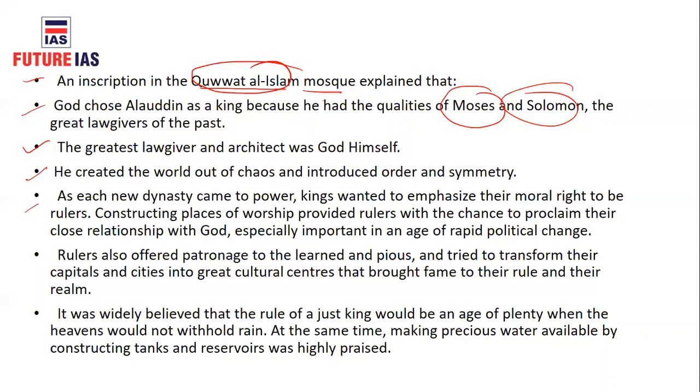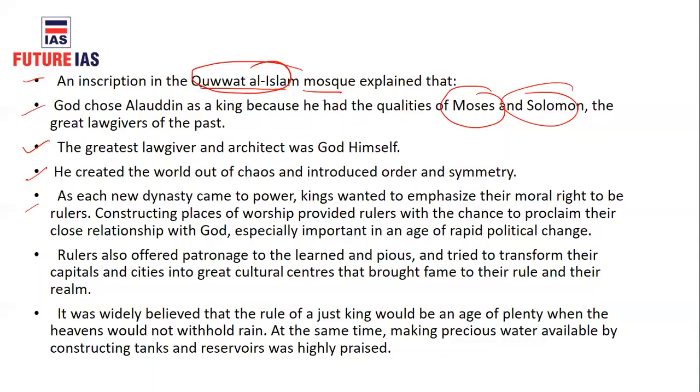So you must understand, especially in those times when political changes were taking place, associating with the god is a great aspect. And moreover, the rulers often offered patronage to the learned persons, for example the Brahmins, especially the pious persons, in their capitals. And slowly these cities started converting into great cultural centers, isn't it?